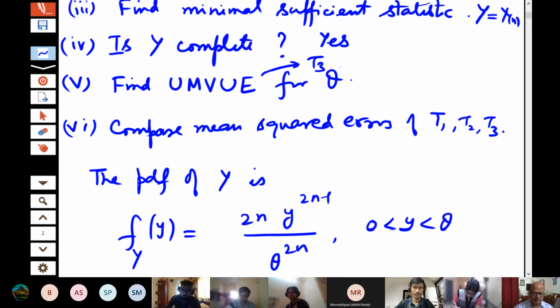So find the UMVUE based on Y, which I am calling T3.